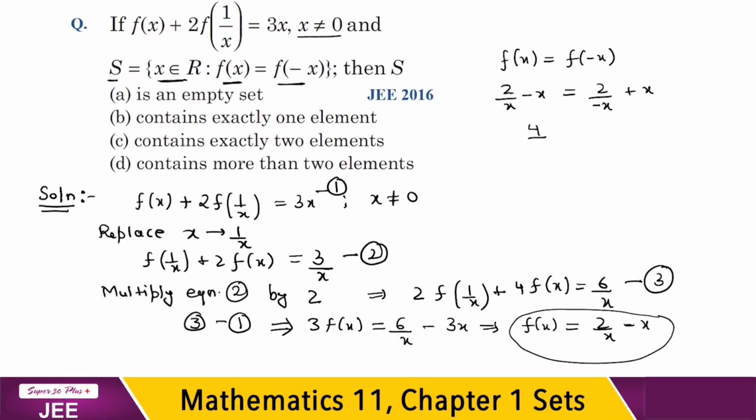So we have 4/x equals 2x and x squared is equal to 2, which means that x is equal to plus minus root 2, and both of these values of x are real, so it satisfies set S. So set S basically contains two elements and those two elements are root 2 and negative of root 2.